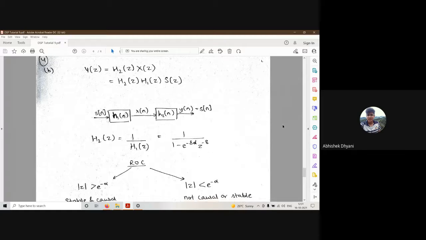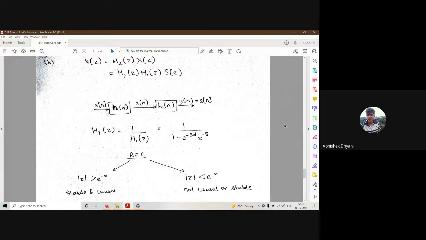Now there are two possibilities for the region of convergence. One is mod z greater than e raised to the power minus alpha, because the poles are at e raised to the power minus alpha. That will give me a causal case, because it is outside the outermost pole, and also stable because the unit circle will be included.